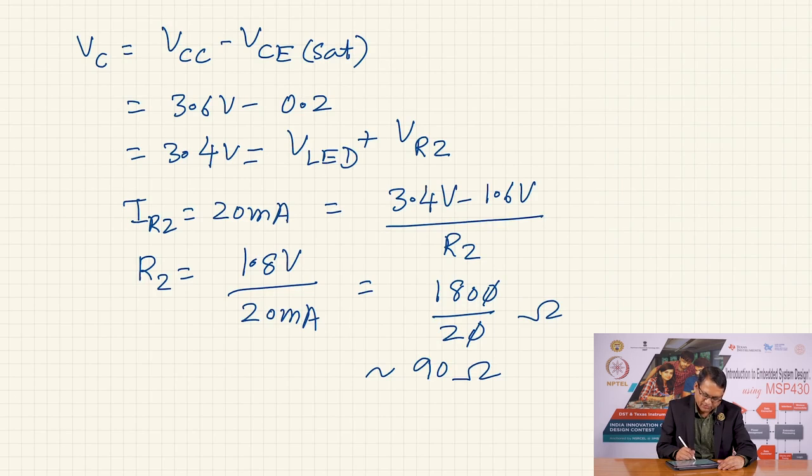Therefore, for R2 we can use a standard 91 ohm resistor, and using the high side switch control we can allow more current through the LED than is possible with a single pin of the microcontroller. And the same equations can be applied if you want even more current than 20 milliamperes. If you want to have 500 milliamperes through the LED, we have to find a different PNP transistor which has a higher current capacity.